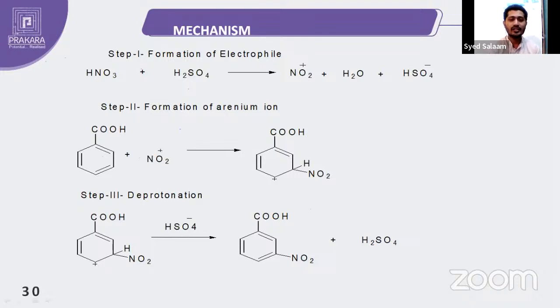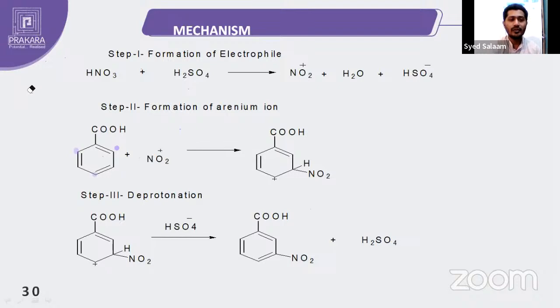It gives positive charges on both the ortho and para positions, due to which our electrophile won't attack there. So this position as well as this and this, these three are being occupied by the positive charges, so the nitro won't attack there.